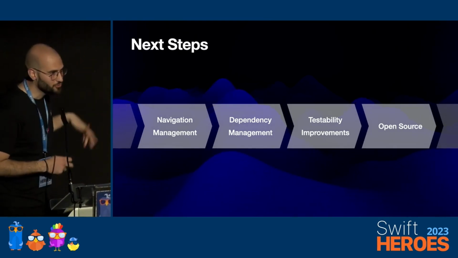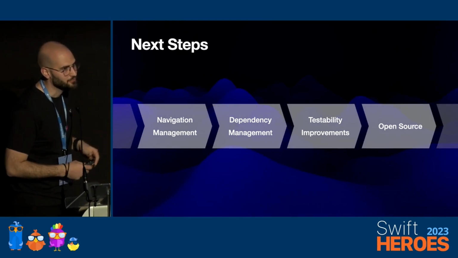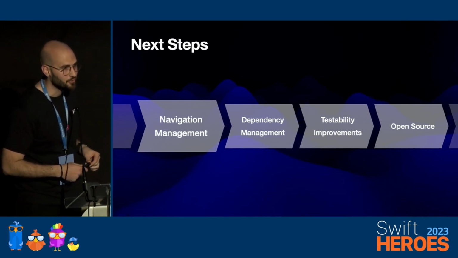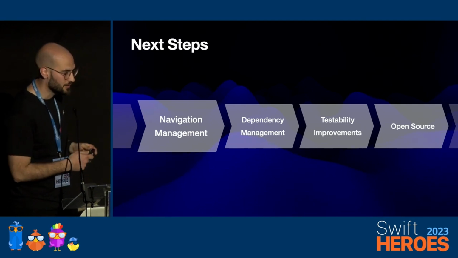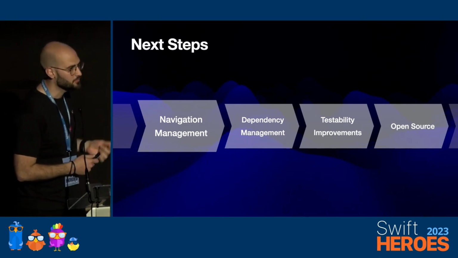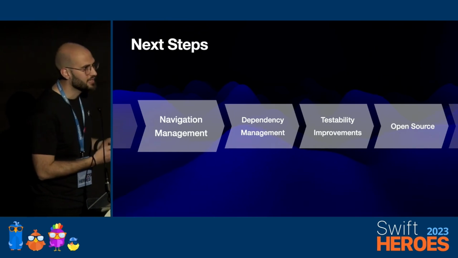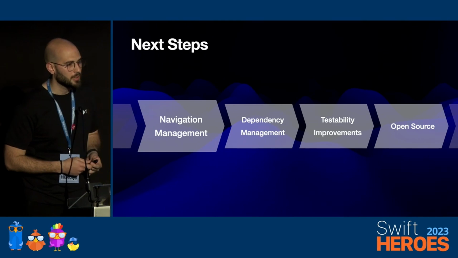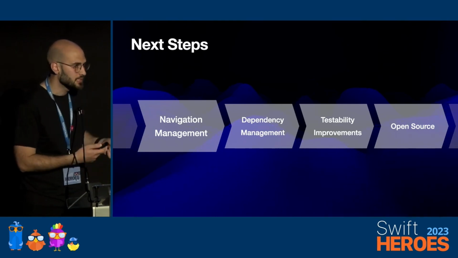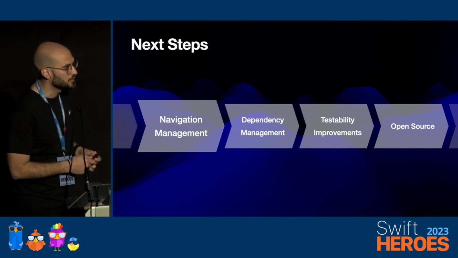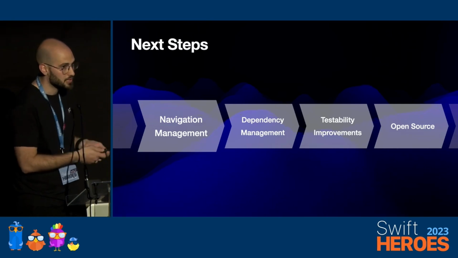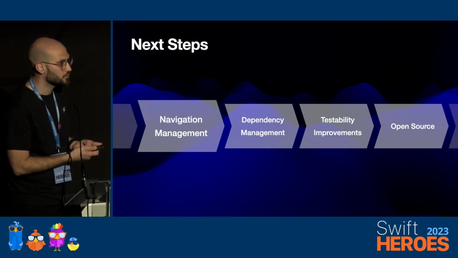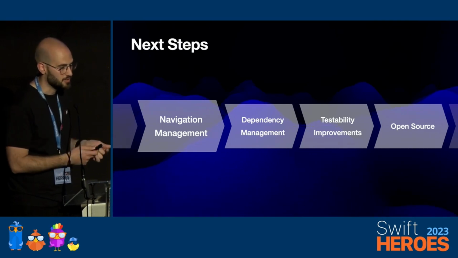Well, our roadmap is designed to improve Molecule. As you have seen during the demo, we already have something that allows us to navigate our application, but this part is based on the previous API of iOS, so that means that we want to improve it with the iOS 16 APIs.